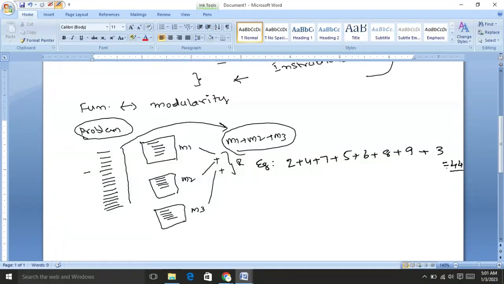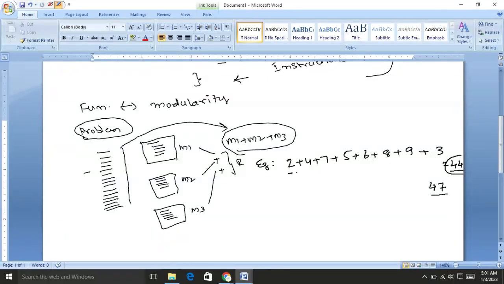This is the right answer. But suppose I make a mistake and get 47 as the answer. Again I have to perform the same operation to find where I committed the mistake, so again from the starting onwards.